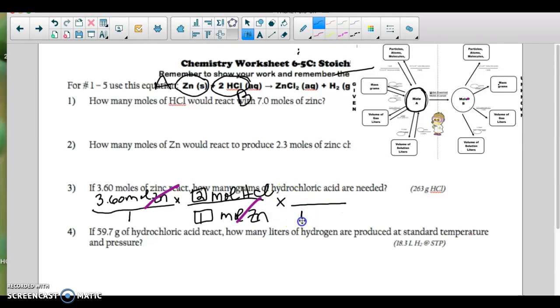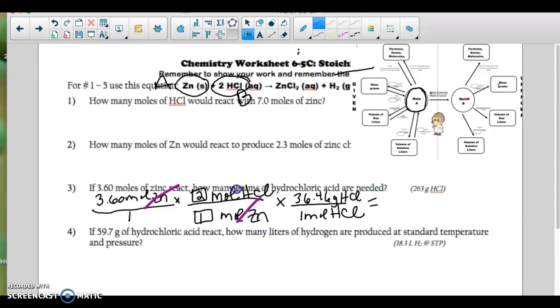So I'm going to calculate that 1 mole of HCl is going to equal the molar mass. And the molar mass you're going to get from the periodic table. Chlorine is 35.45, and then the hydrogen is about 1.01. So I get 36.46 grams.